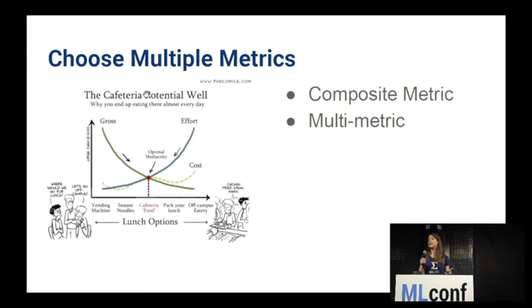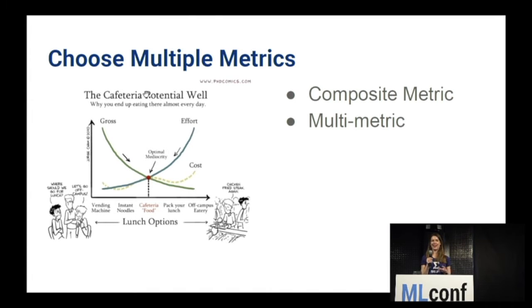Now say you have competing metrics. You're balancing these short-term and long-term metrics to meet your business objective. Say you're balancing something like profit and quality, or something like compute time and accuracy, or you're say choosing where to go to lunch every day. You're trying to balance grossness, effort, and cost.